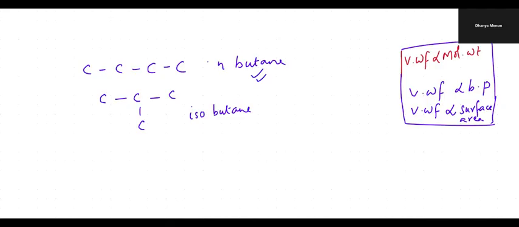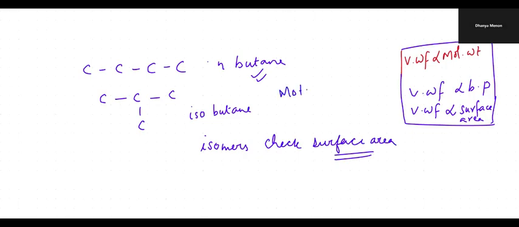So for isomers, always check surface area, because they have the same formula and the same molecular weight. And branching has lesser surface area. The normal one has more surface area.